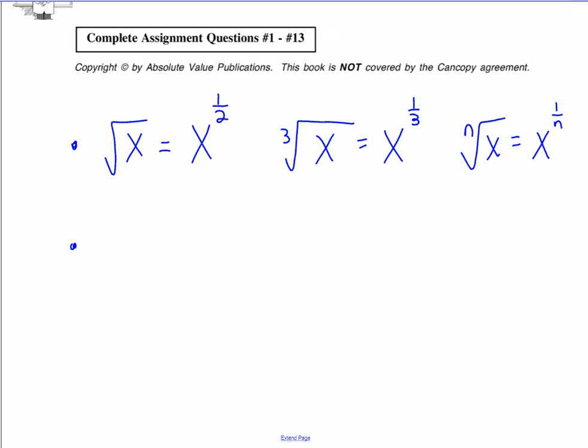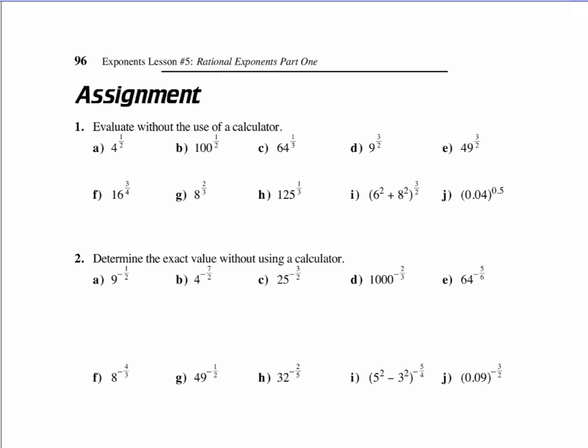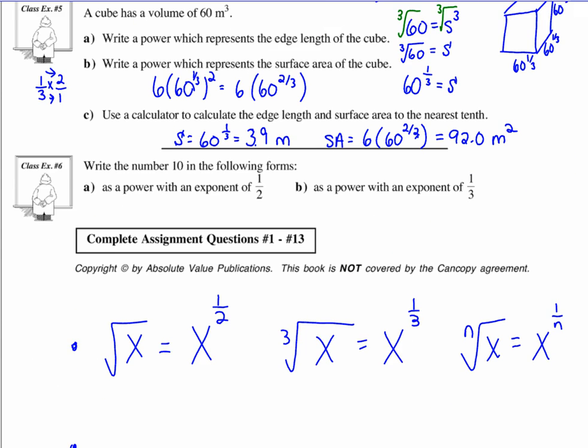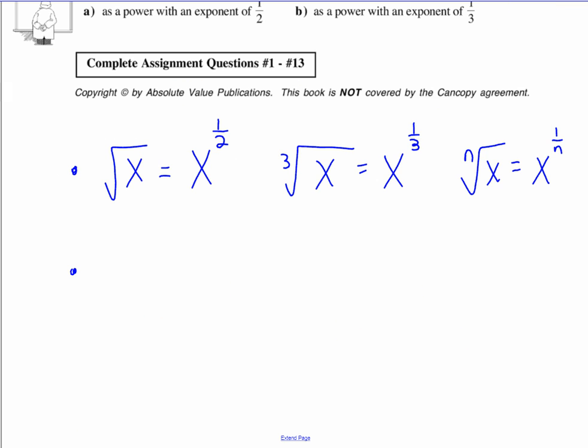The other one, we should have done this on a new page. If you had the square root of x cubed, that's the same thing as x to the power of 3 over 2, power over root. So if we can make the conclusion, if it's m over n, which one's the index?